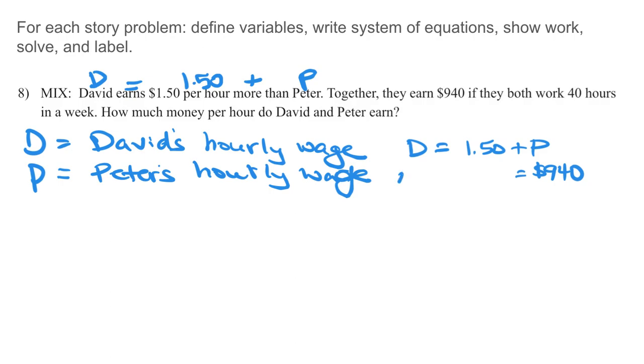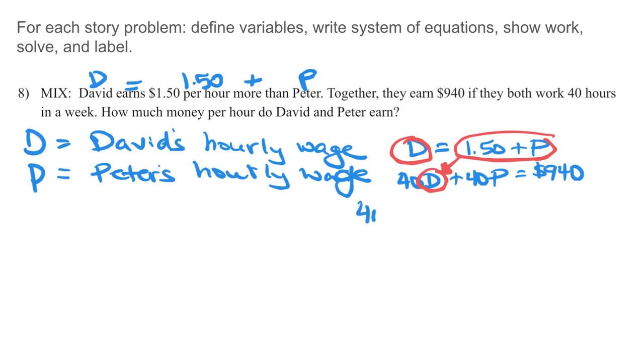So it is going to be 40 times D and 40 times P added together, and that should be 940. So we know that D equals $1.50 plus P, and we're going to plug that in for D into this equation.